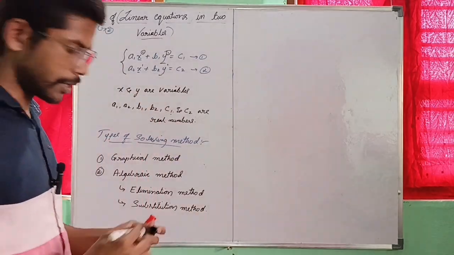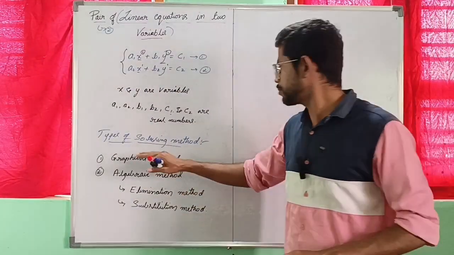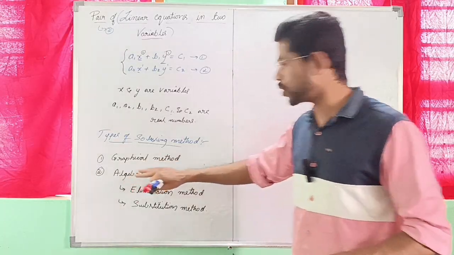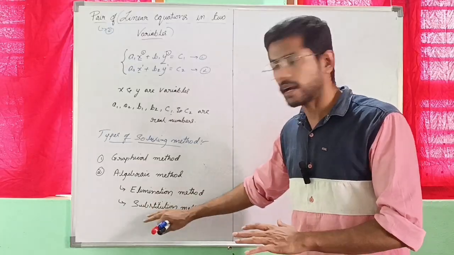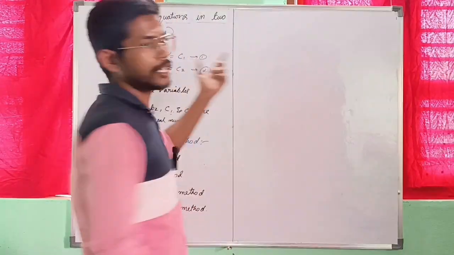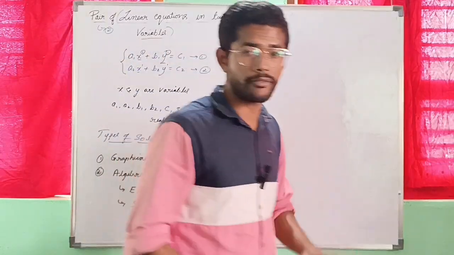So these are the types of solving methods. The first one is graphical method. The second one is algebraic method. In that, we are going to study the elimination method and the substitution method. Without wasting your time, let's start with the first one, graphical method.